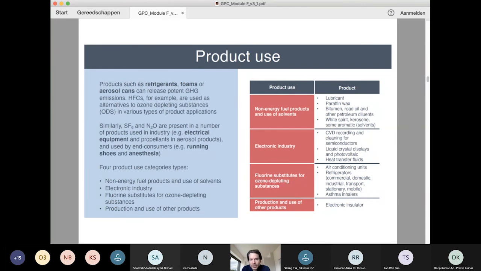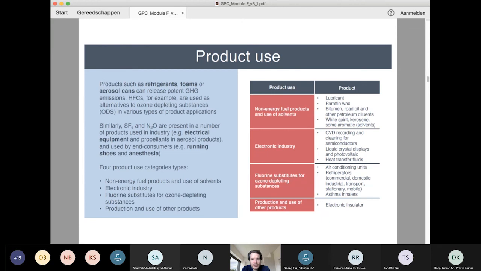They're present in many consumer products, from trainers to asthma inhalers to aerosol cans, to air conditioning units, to paraffin wax. They're very common in everything we do. Luckily, they're small in volume, but concerningly, these gases are very powerful and increasingly having a bigger impact on the climate.